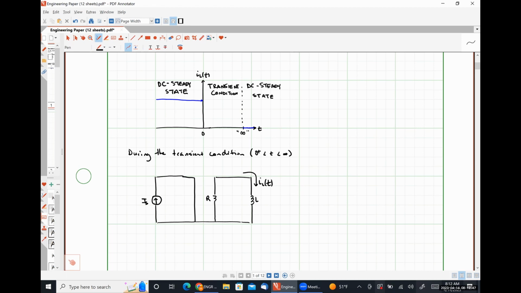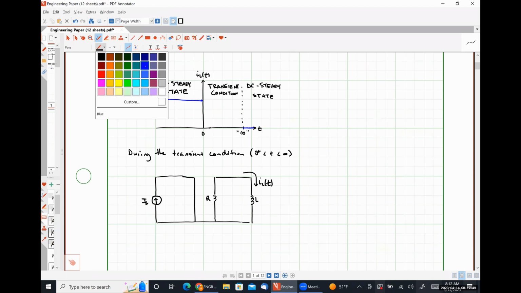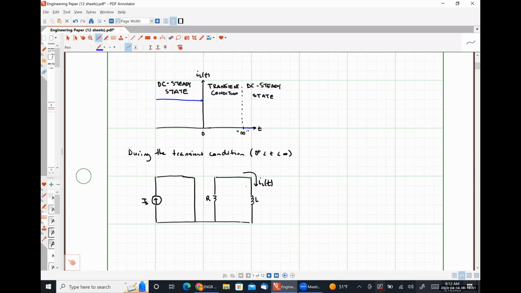So what I'm going to do is write a Kirchhoff's voltage law equation. I'm going to explicitly state here that this is the polarity of my inductor voltage, and this is the polarity of my resistor voltage.